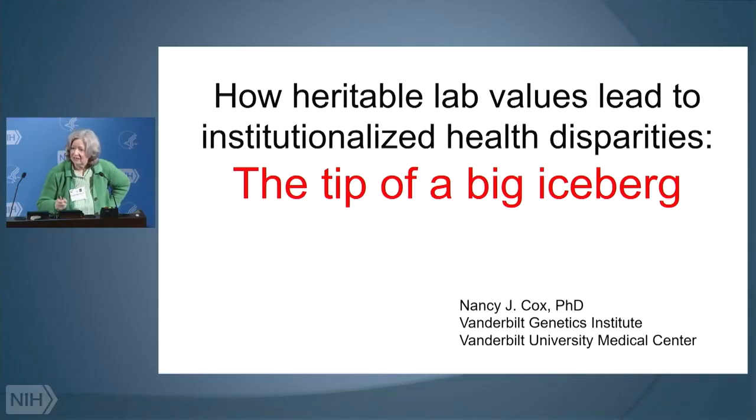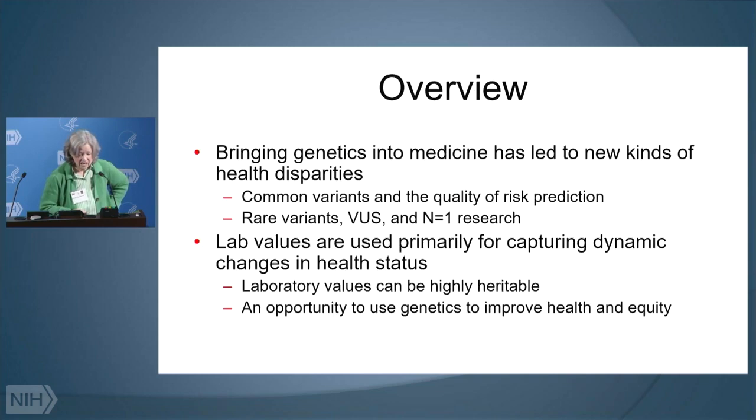And so I'm really going to talk about how much more heritable lab values used in everyday medicine are than physicians realize, and how this has led to really institutionalized health disparities that can't be fixed without genetics. And part of this is that bringing genetics into medicine is creating new kinds of health disparities.